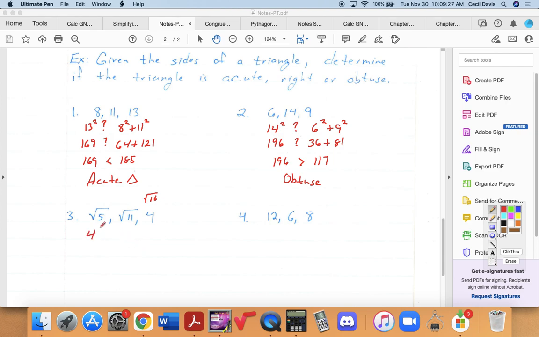So I'm going to compare 4 squared to the square root of 5 squared plus the square root of 11 squared. 4 squared is 16. What's the square root of 5 squared? 5. And the square root of 11 squared? It's 11. So this is a right triangle.